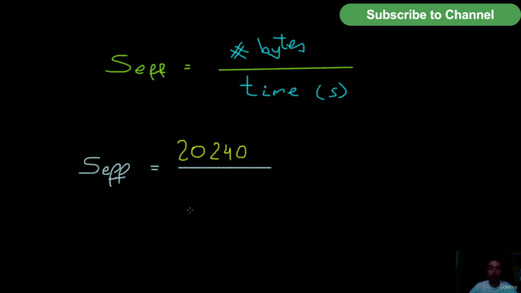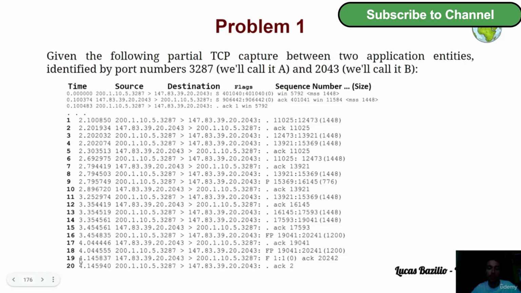And now what about the time? Well, we can see that for this time in total, we only need to look at the last one, and this is around 4.15, if we round this value. Here we need to count all of the segments, so the last one that we see until the TCP connection finishes is this one.